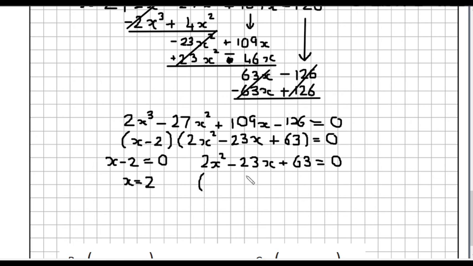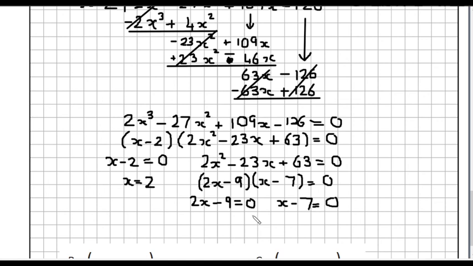Now this can be factorized. So we're going to break it into 2x and x to start with. And then 63, we're going to break that into 9 and 7. Let's make them both minus. That would give us the minus 23x in the middle. So then 2x minus 9 equals 0, or x minus 7 equals 0.